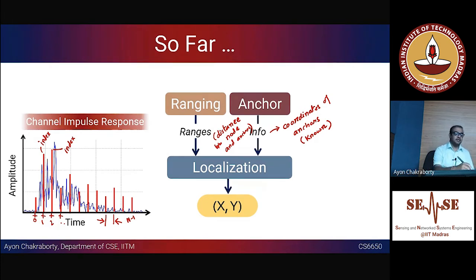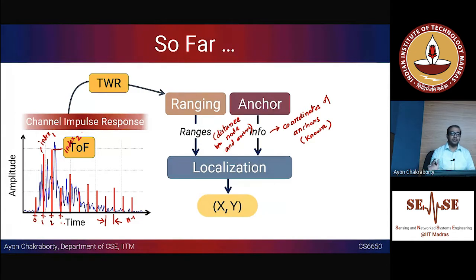So if you make a mistake of choosing index 1 instead of index 2, what is the amount of distance error, or the range error, that you are going to have? Index 1 minus index 2 gives you that time difference, multiplied by the speed of light will just give you the range error. Okay, so we know how to obtain the range and time of flight directly, and then convert this into a proper protocol, right?